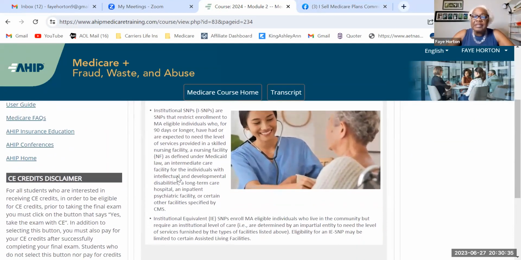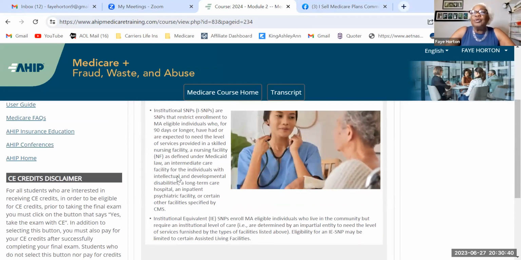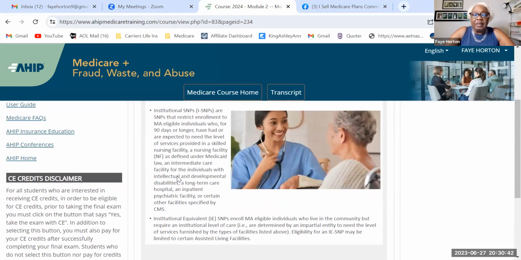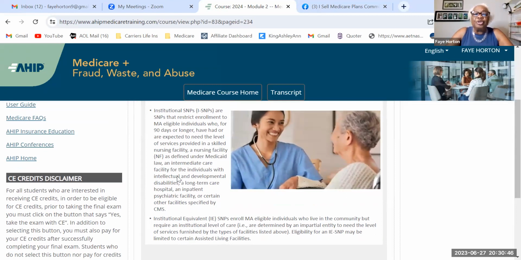Here are some other SNPs. This one is an I-SNP. This is someone who is in an institution. Most of us will not be selling institutional plans. Most of the carriers have specific representatives who are trained, and they actually take care of the institutional SNPs.